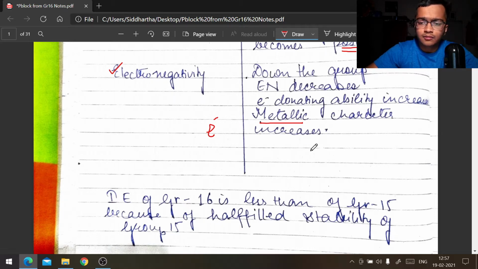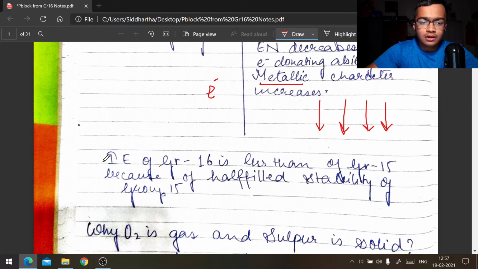So from top to bottom the metallic character increases, or you can say the effective nuclear charge decreases. The electron donating ability increases, and so the electronegativity or the attraction will also decrease down the group.